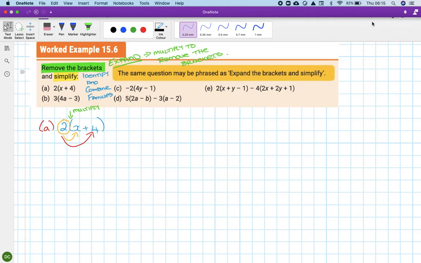Okay, so the first multiplication is where we multiply 2 by x. And then we have a plus in here, so I'm going to write that down. And the second bit they want us to do is multiply the 2 by the 4.